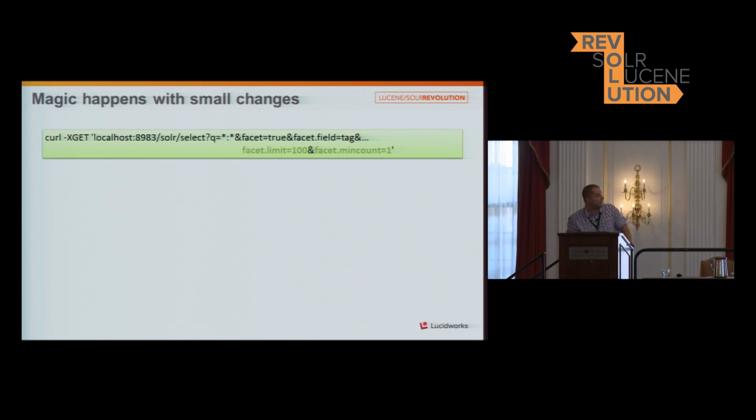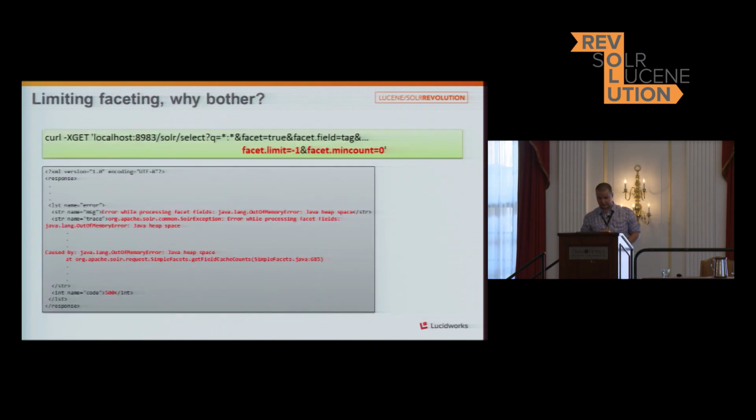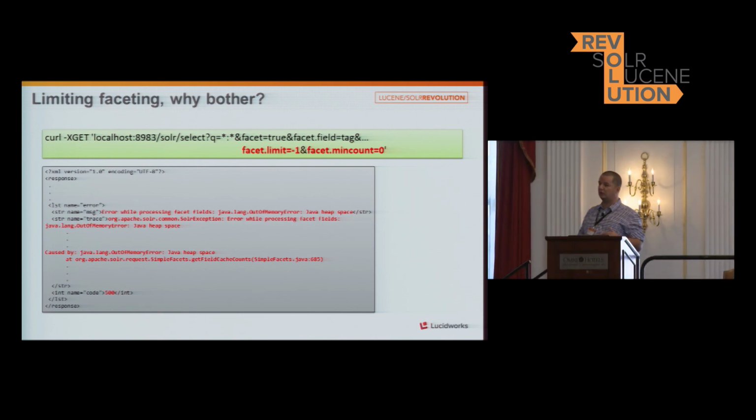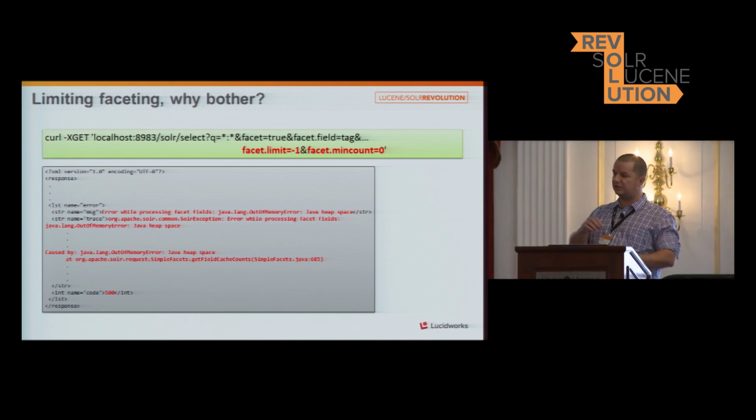Okay, so the initial query looked like this, let me get back to that initial query for a second. So that was the initial query. As you can see, the facet limit -1 tells Solr to return all the facets, and the min count equals 0 tells Solr to return counts even if, for that particular value of the faceting, there were no matched documents.